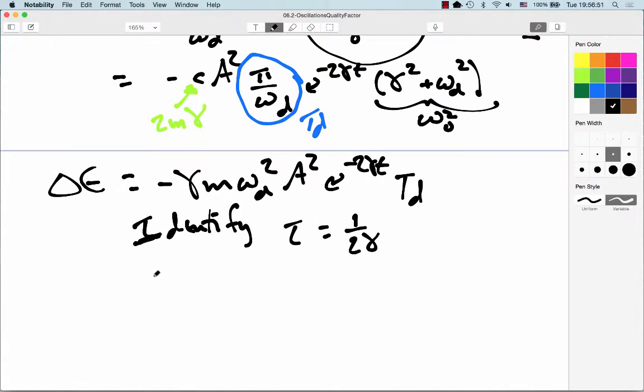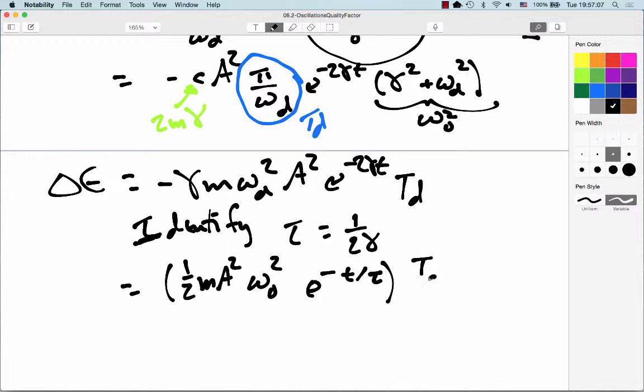This will become a 1/2 ma squared omega naught squared times e to the minus t over tau times td over tau. So this should look kind of familiar from our damped horizontal motion, if you will.